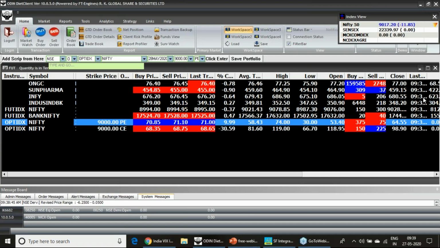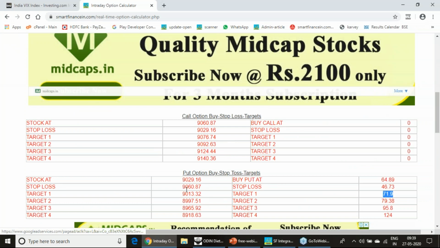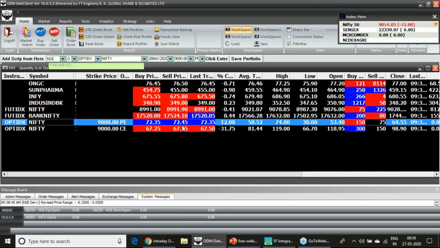So let us have one match here. What calculation we did and how far it has given you. Your first target was set at the 9013 level, where you should get 72. You are at the 9015 level, so you are at the 72 level. So hardly 1 point difference, 13 level.